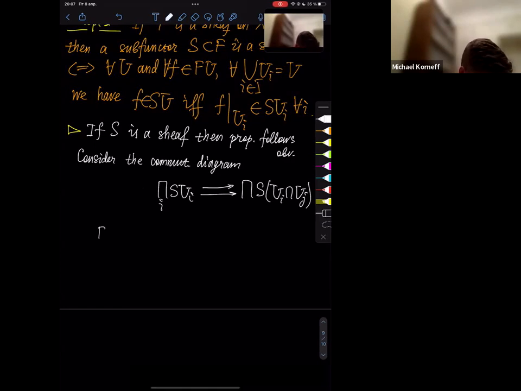Sorry, and also we consider the following equalizer for F. F is a sheaf, and we can consider this equalizer.